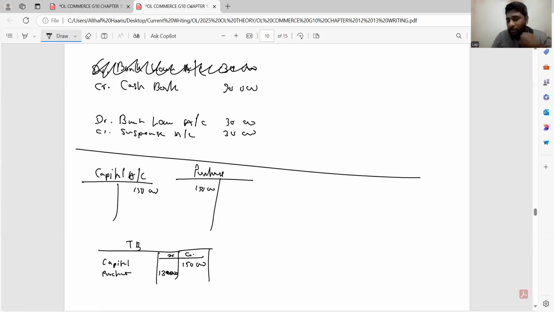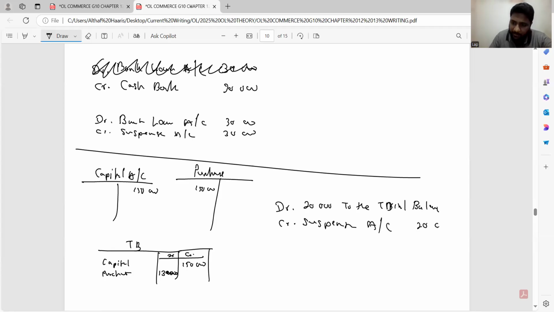So what you should do, if that 20,000 is missing? Debit 20,000 to the trial balance under the purchase, to make a balanced trial balance, and credit the suspense account 20,000.